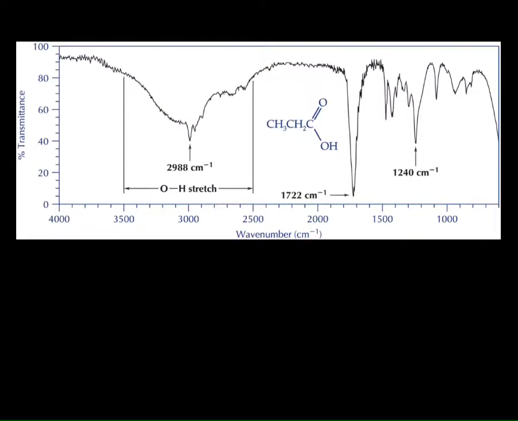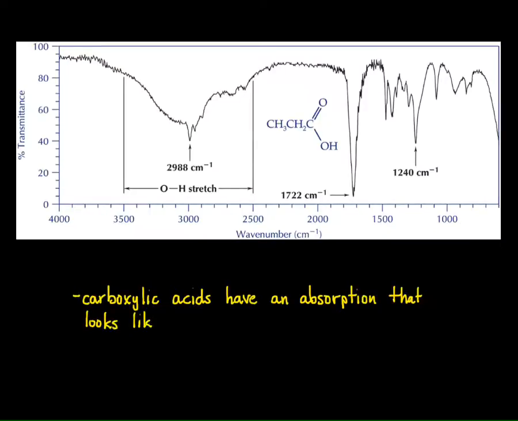Another example here is of propionic acid. So propionic acid has an OH group, but notice the OH group doesn't look the same as the OH group of an alcohol. We often will say that carboxylic acids have an absorption that looks like a hairy beard, right? Look at that hairy beard. You can kind of see its hairiness. And it's extended over a much longer wave number range than that of typical alcohols.